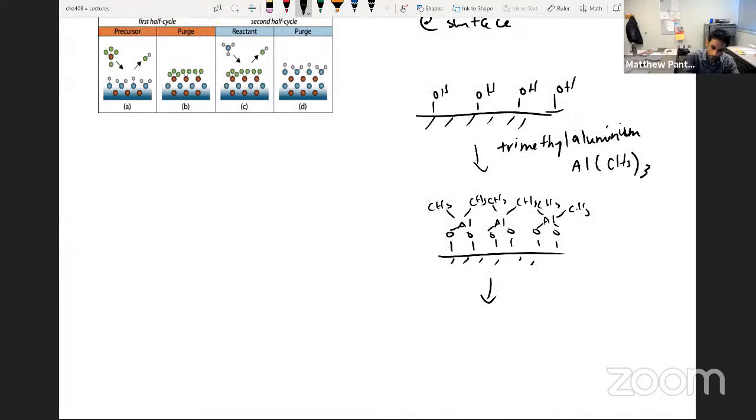Then flow in water vapor, which will react with all of the CH3 groups on the alumina.